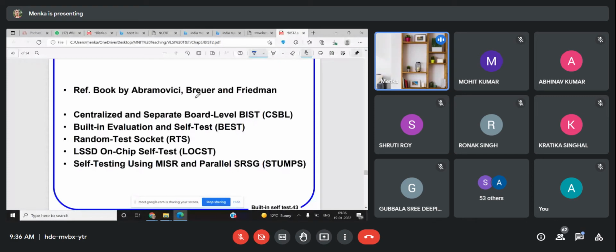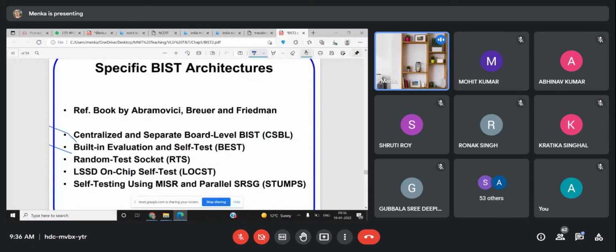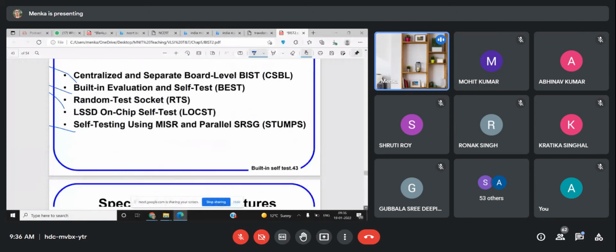As I told you, you may go to chapter number 10, 11 in order to read more details about centralized and separate board level BIST architecture, built-in evaluation and self test architecture, random test, LSSD, on chip self testing using multiple input signature register and parallel SG. So these are different architectures.